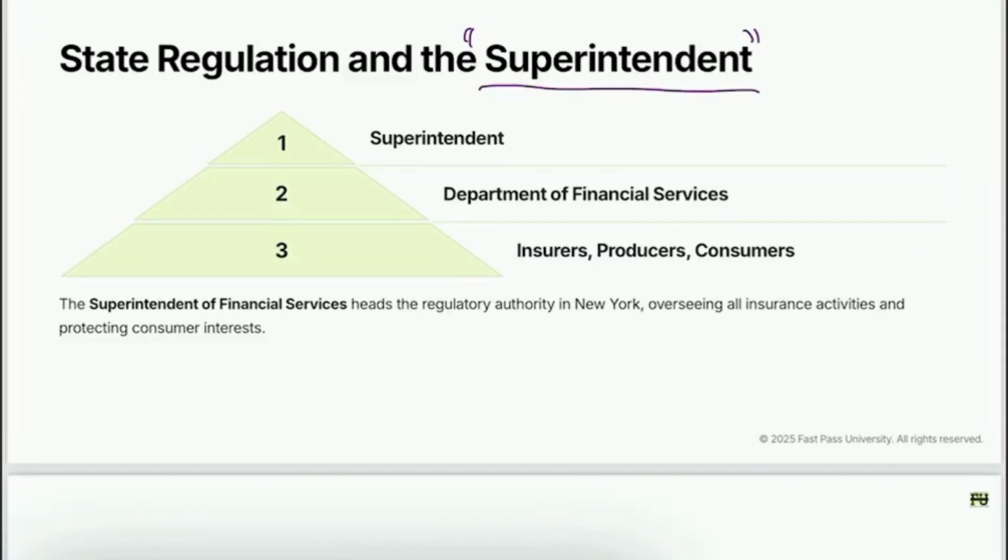So they are called the superintendent in New York. They head the Department of Financial Services and the Department of Insurance. And then that Department of Insurance oversees all insurers, producers, and consumers, because the number one job of the superintendent is to protect consumer interest.